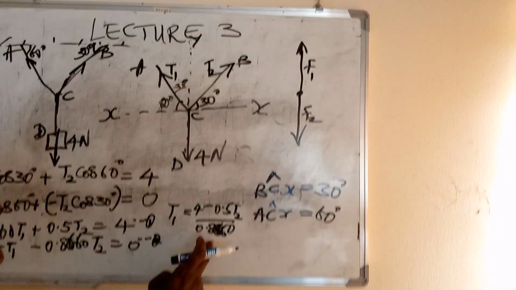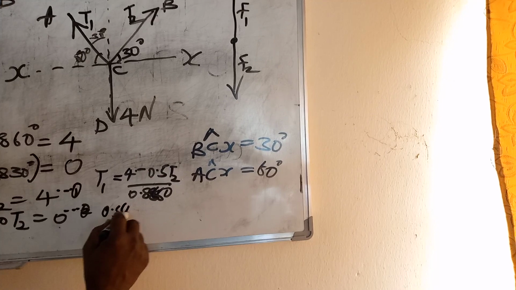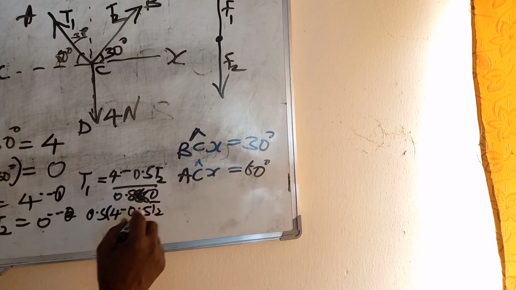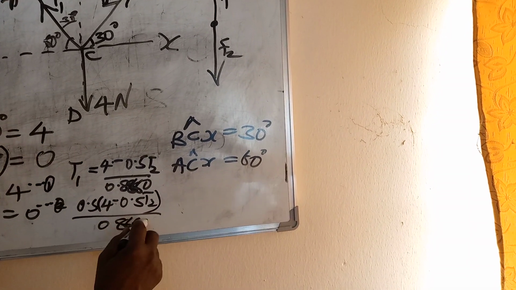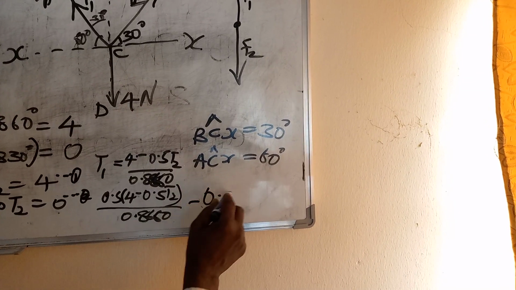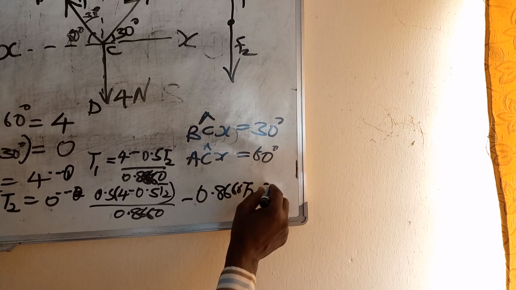So it becomes 0.5 bracket 4 minus 0.5 T2 all over 0.8660, minus 0.8660 T2 is equal to 0.